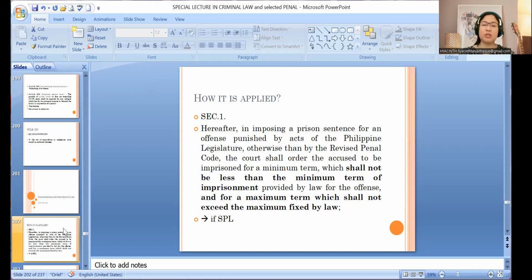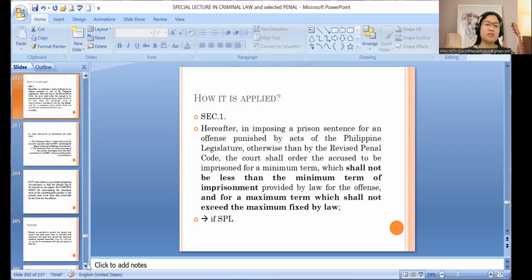The court shall impose on the accused an imprisonment which shall not be less than the minimum term of imprisonment provided for that particular law for the offense to which he is charged, and the maximum term of which shall not exceed the maximum fixed by the law.